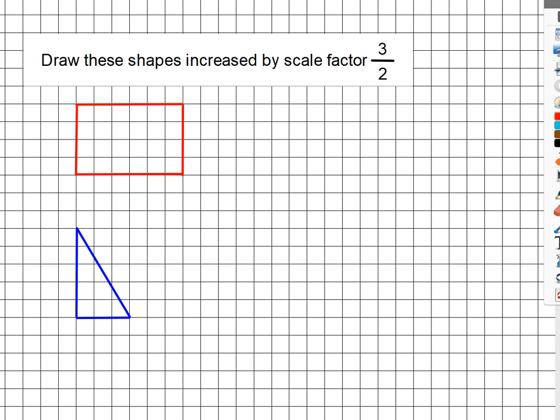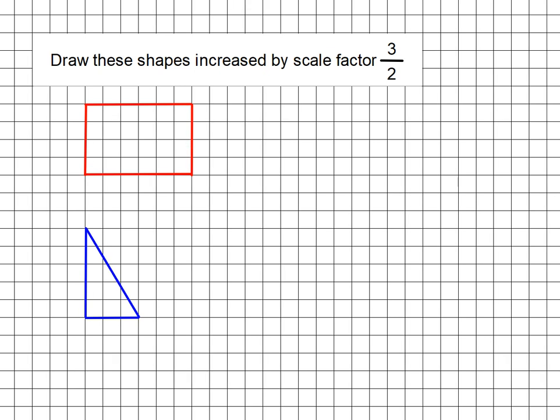For the next one, we're going to increase the size by a scale factor of 3 over 2, so that's 3 halves. We're going to do exactly the same thing. We count the sides, 1, 2, 3, 4, 5, 6, still the same, and 4 for the other side.